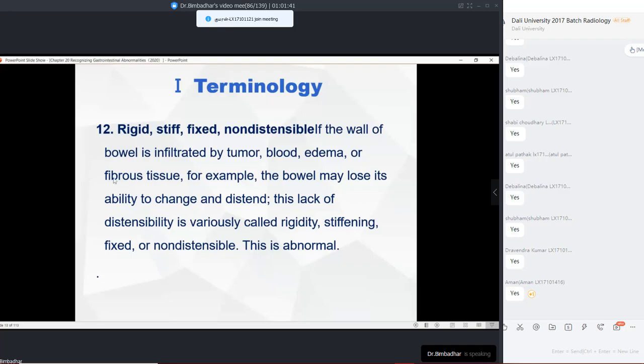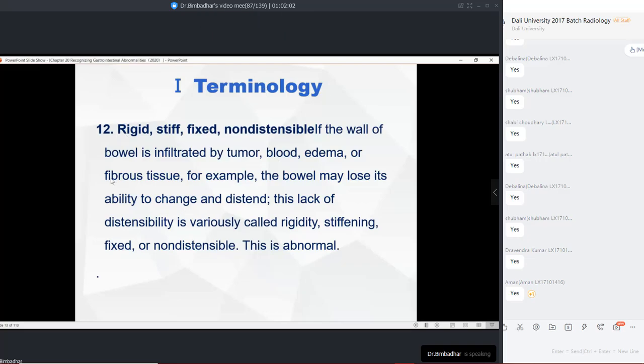All these things cause some kind of non-movement, because remember, the whole GI tract is made up of smooth muscles. So there will be rigidity, extra tonicity, flexibility, and different positions being acquired.